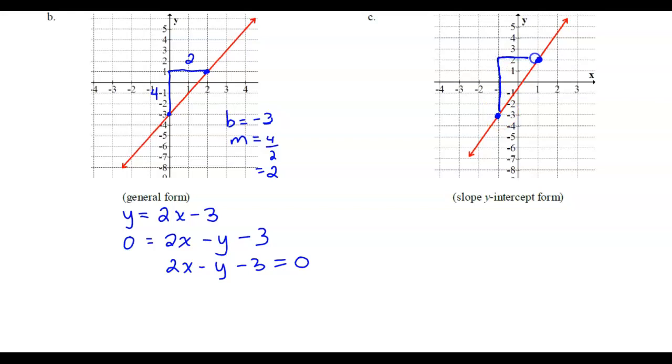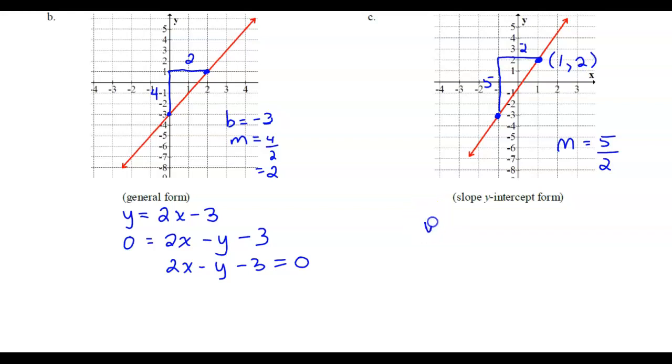So from the left point to the right, I'm going up 5, to the right 2. So my slope is 5 over 2. I don't know what the y-intercept is, but this nice point of 1, 2 is what I'm going to put into my slope point form.